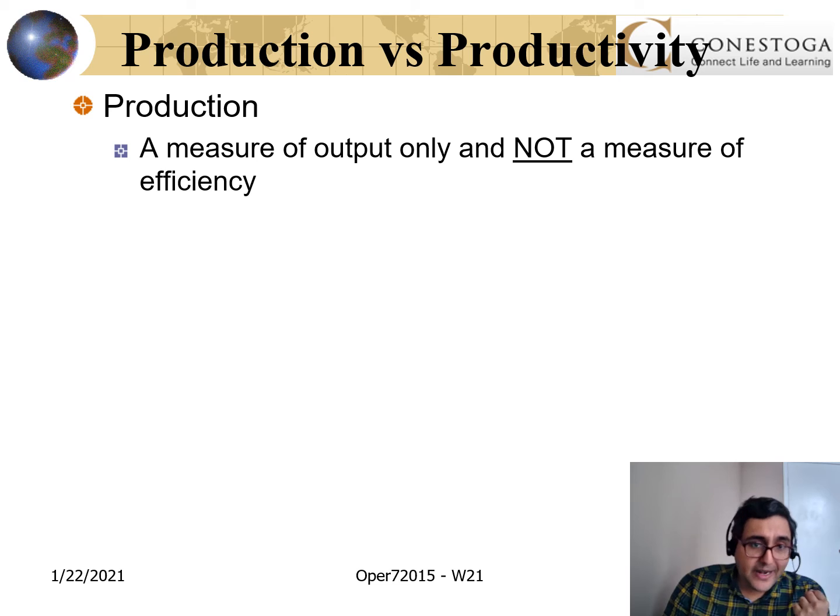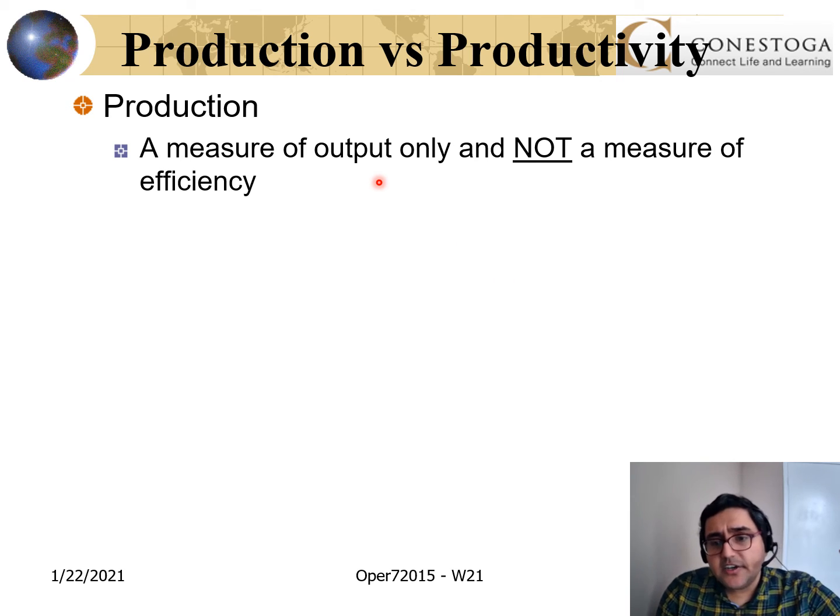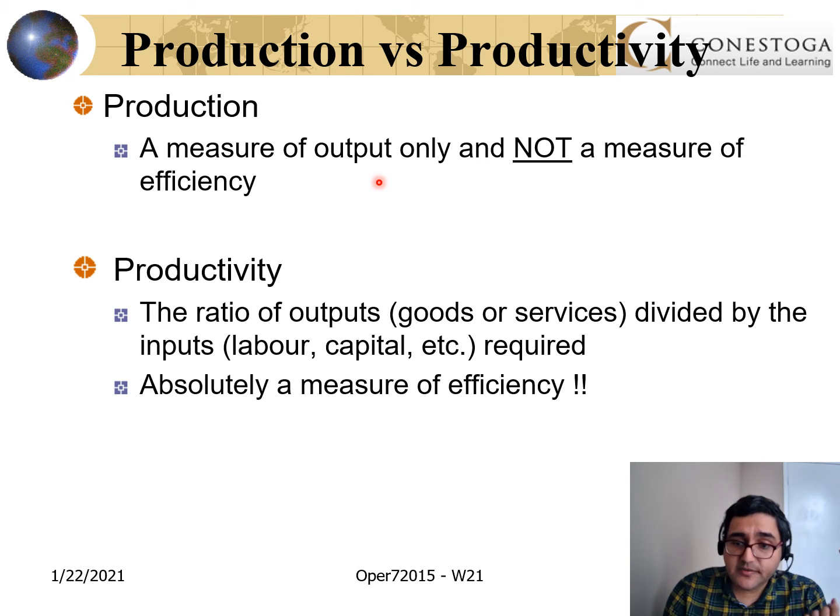Now, remember that when I say production, I'm always referring only to the output. That means, say, 100 mobile phones made today. I don't discuss anything about how efficiently I have made it, but productivity always deals with efficiency.